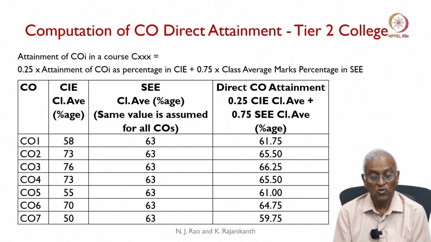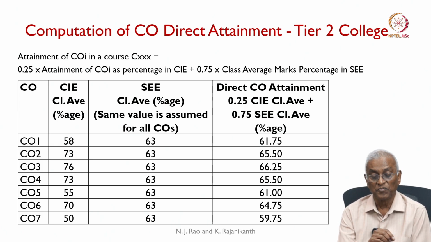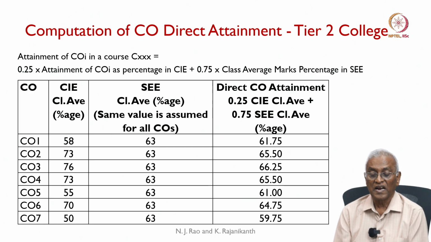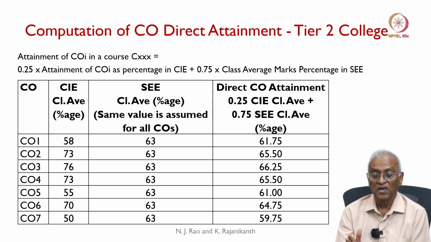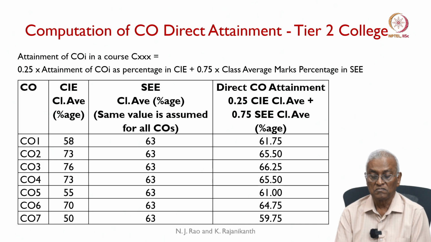Okay. CO1 61.75. A second decimal place really doesn't have any meaning. Just because we can compute up to second decimal place, you can round it off. You can call instead of 61.75 as 62. It doesn't make much difference.